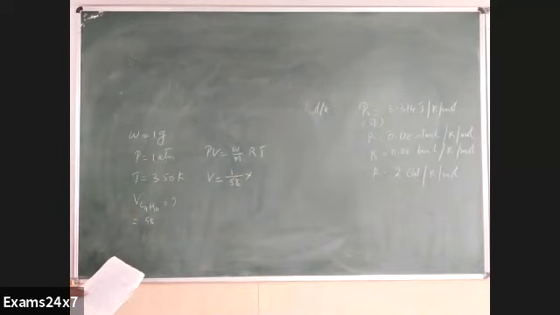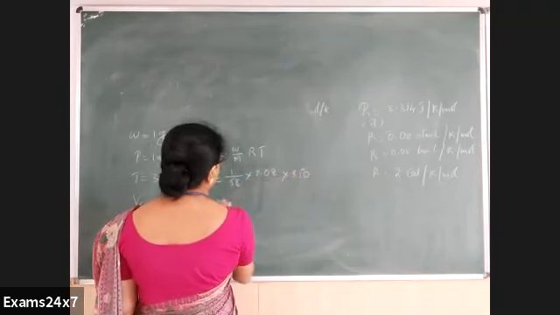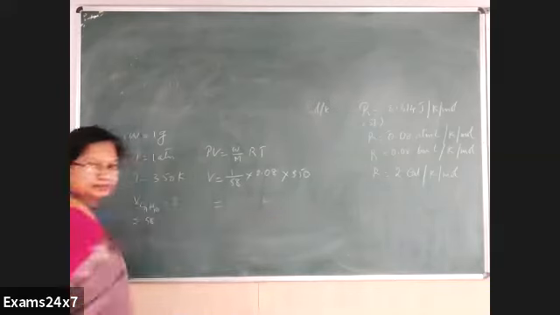Here the options given are in centimeter cube. Which one will we take? 0.08. We'll get the answer in liter, convert it into centimeter cube. So this should be 0.08 into temperature 350. Find the answer for this. Whatever answer you get will be in liter.